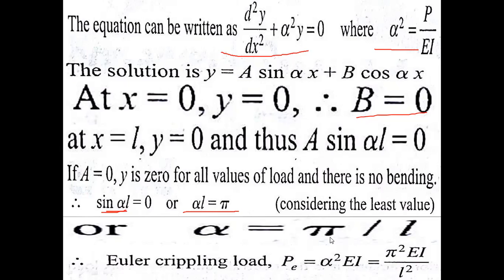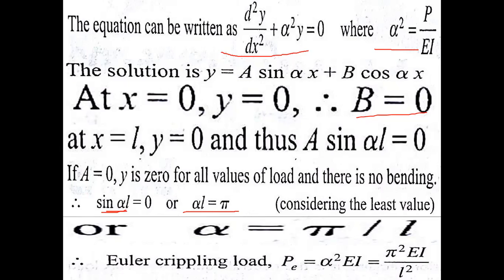What is α? α is π/L, so it is π²EI/L², the crippling load for this end condition.